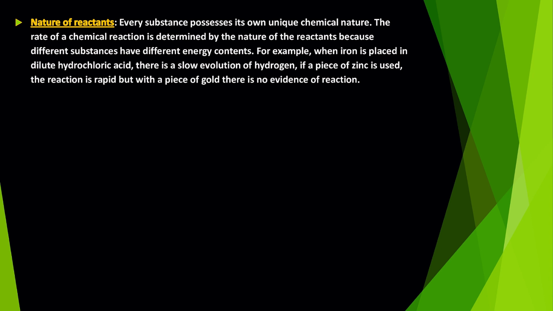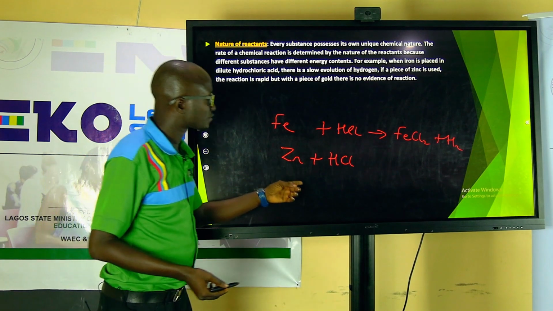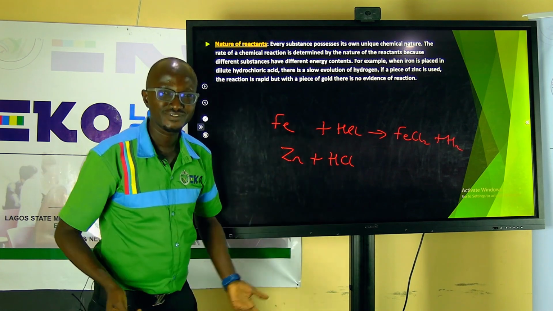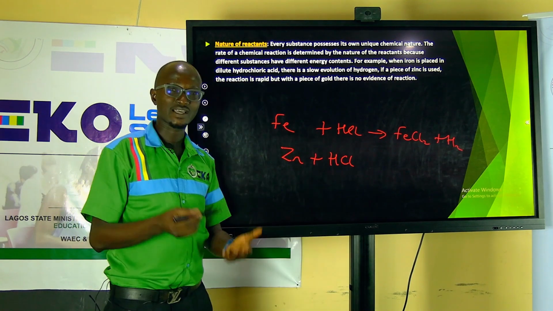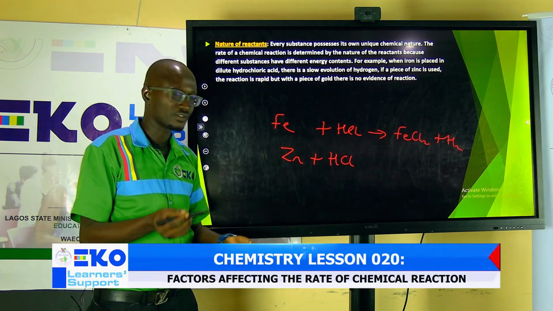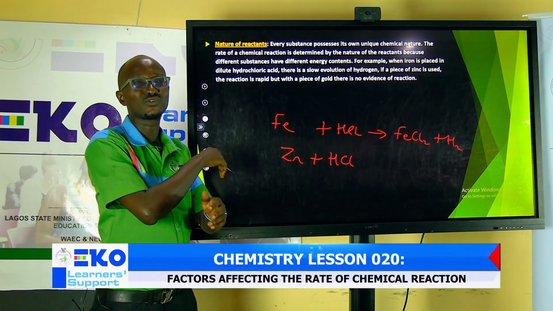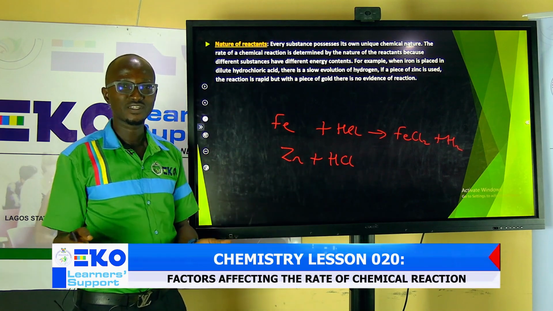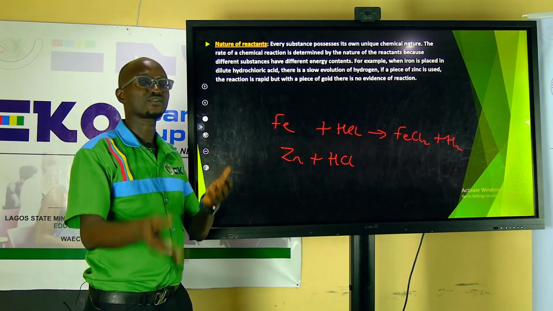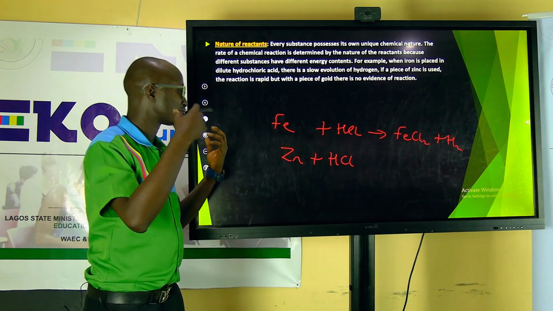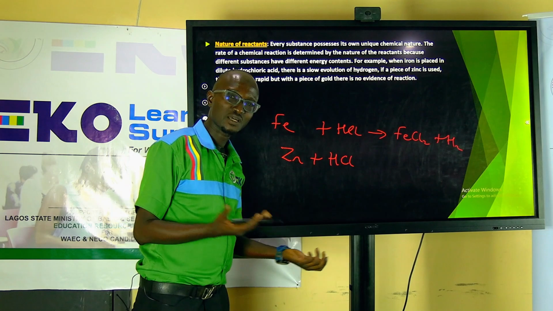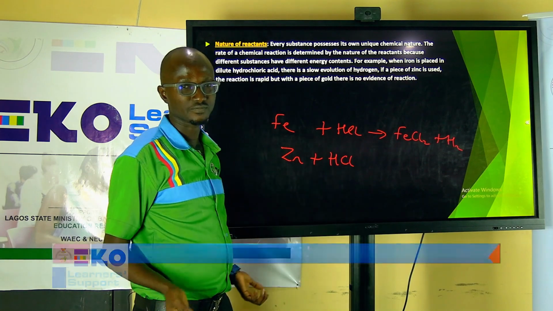With gold, there is no reaction at all. If gold reacts with hydrochloric acid, the reaction does not even happen. For iron it is very slow, but with gold it does not happen at all. No matter what you do, even if you increase the concentration of the acid or put the gold in smaller particles, it does not happen.